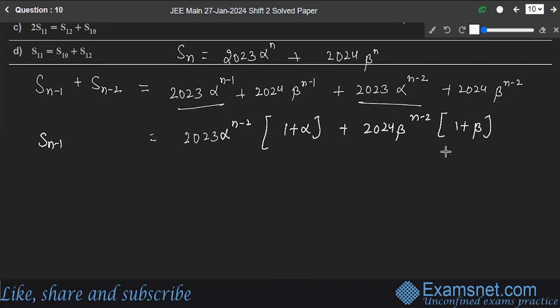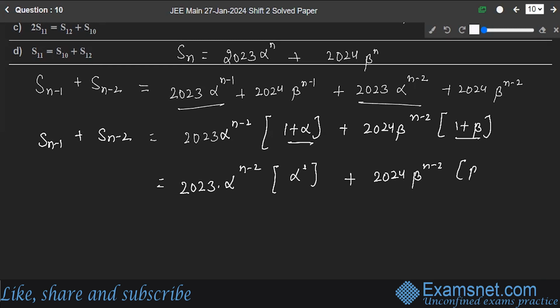This is equal to Sn minus 1 plus Sn minus 2, right? And you know 1 plus alpha is equal to alpha square, and 1 plus beta is equal to beta square. You have 2023 into alpha power n minus 2 into alpha square, plus 2024 into beta power n minus 2 into beta square. Okay.